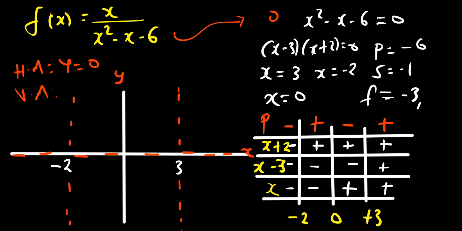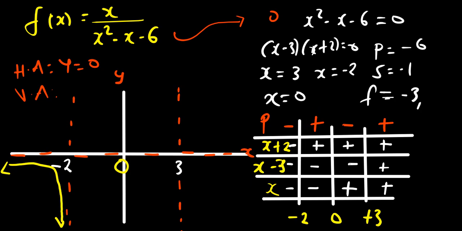So what are we going to have? Because it's negative in this region, it will go in the negative direction like that, approaching the asymptote. Then the range between -2 and 0, let's say this is 0, we found that it was a positive.